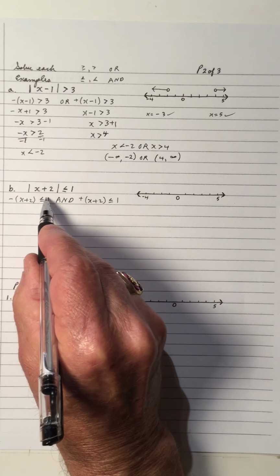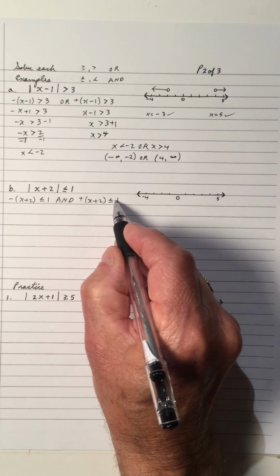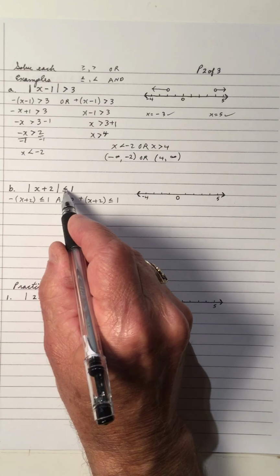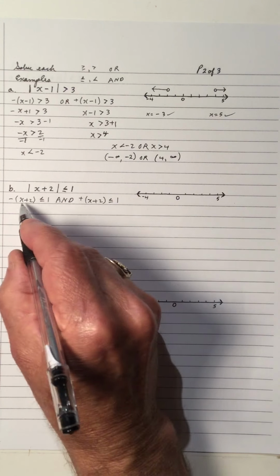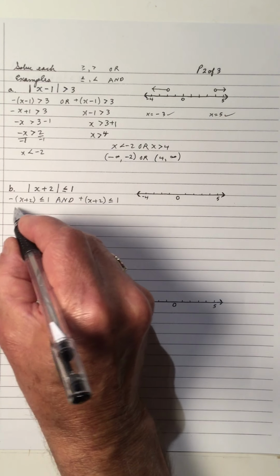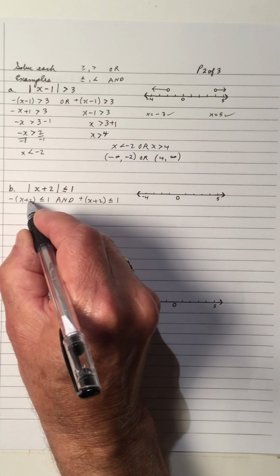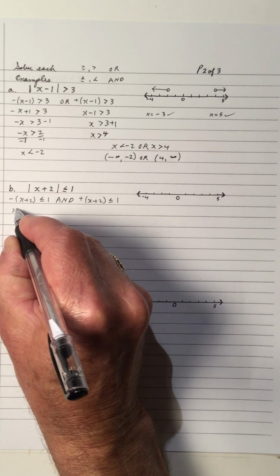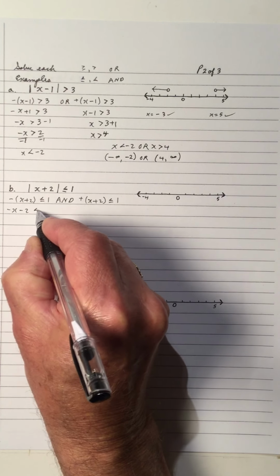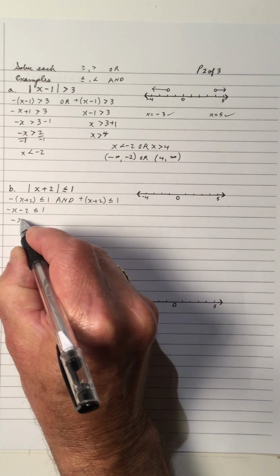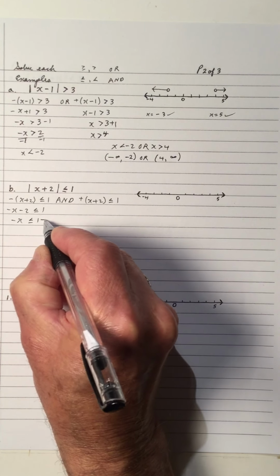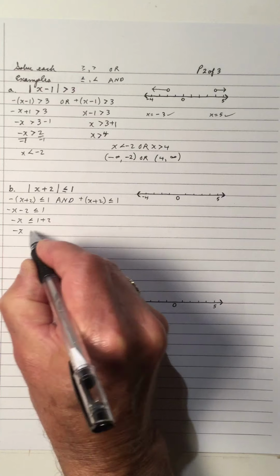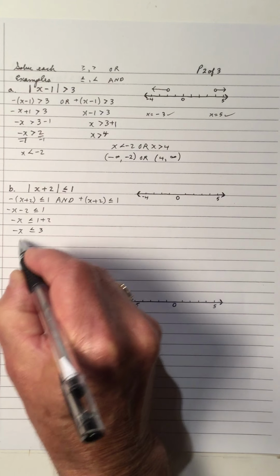Notice less than or equal to 1 is on both ends. So the negative times x plus 2 is negative x minus 2 less than or equal to 1. Negative x is less than or equal to 1 plus 2. Negative x is less than or equal to 3.